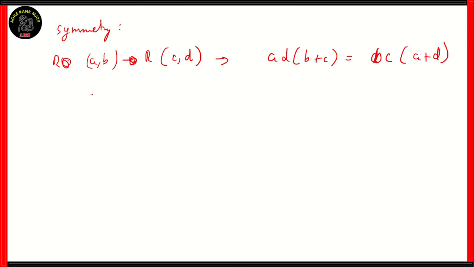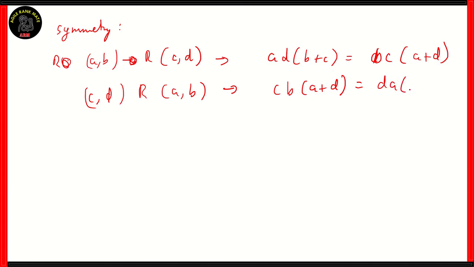Now let's say we had the opposite relation, so (C,D) related to (A,B). That would mean CB(A+D) = DA(C+B).